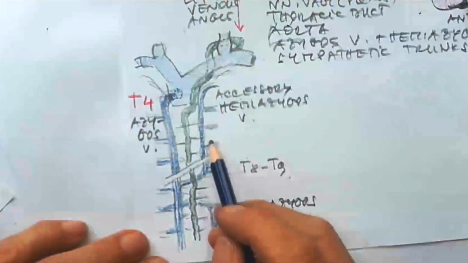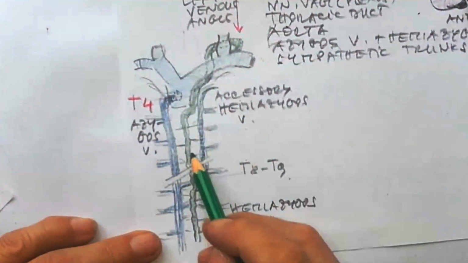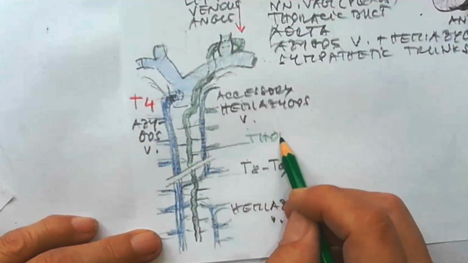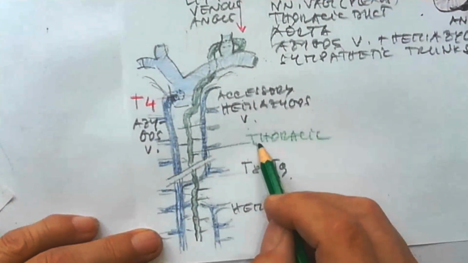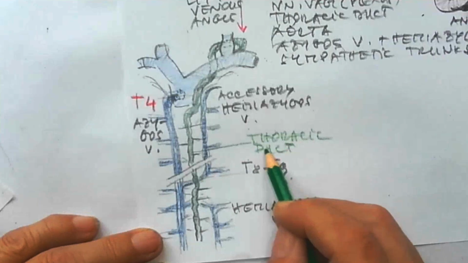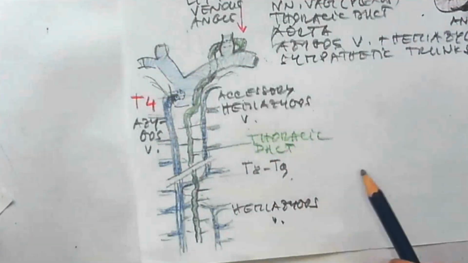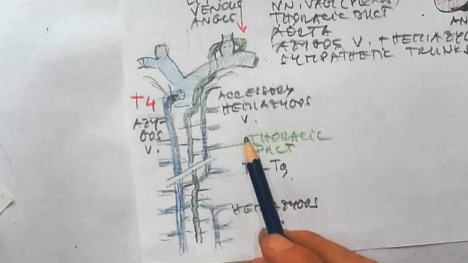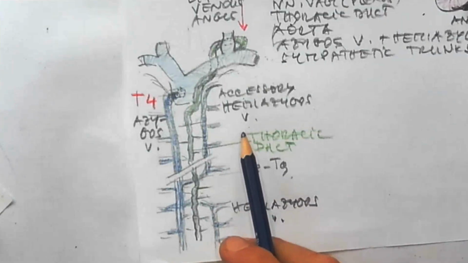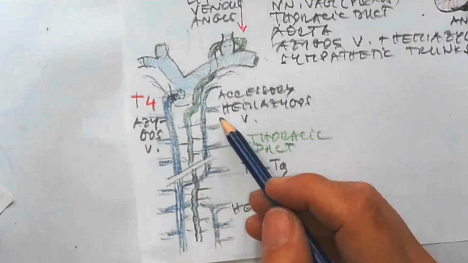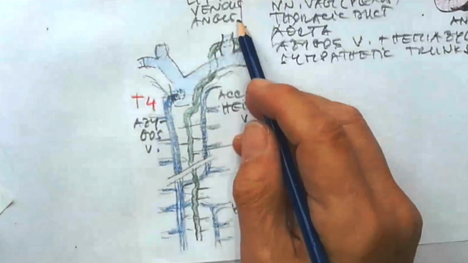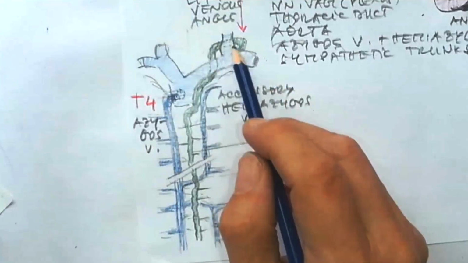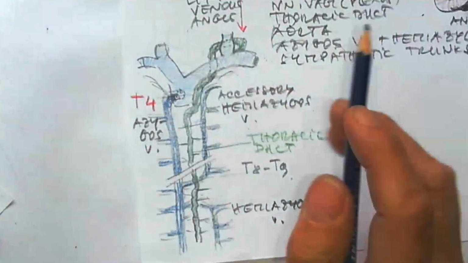This thoracic duct is long, situated in retroperitoneal space in the abdominal cavity, but here lies in the posterior mediastinum, and it opens into the left venous angle and drains 3/4 of the body.